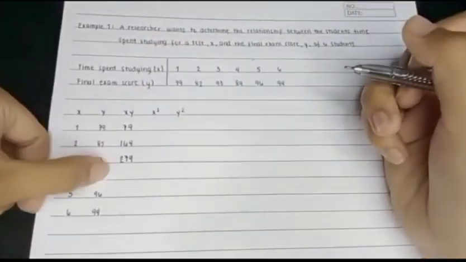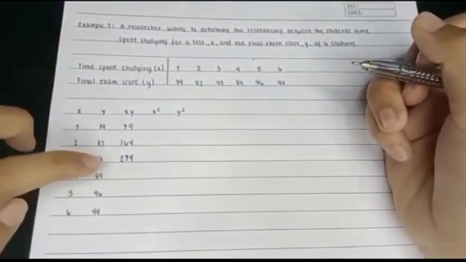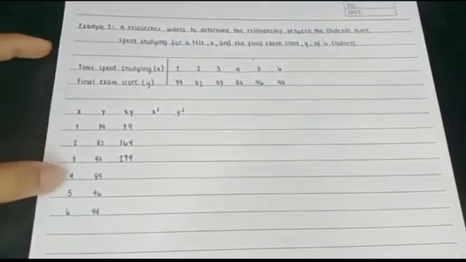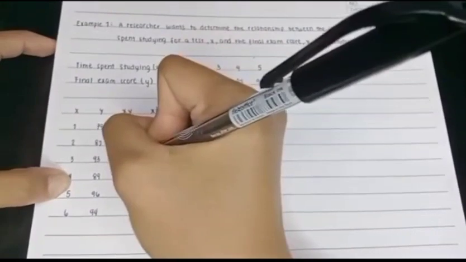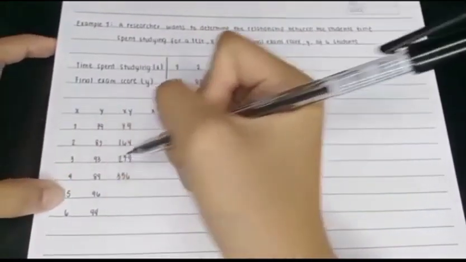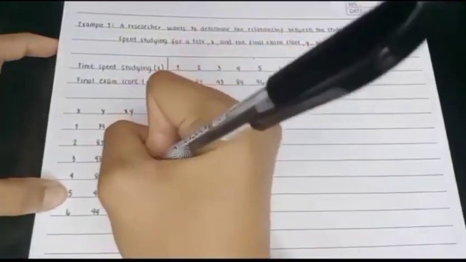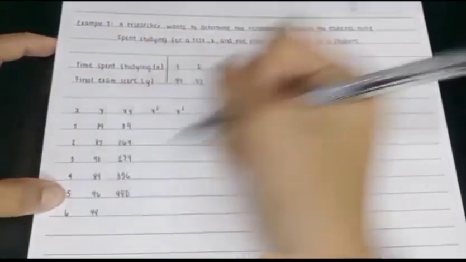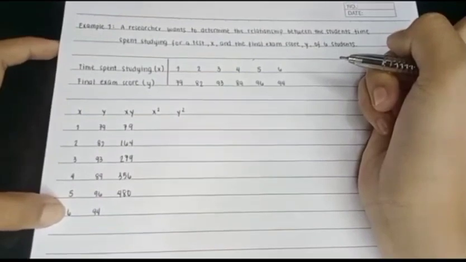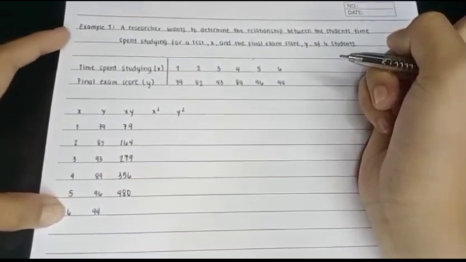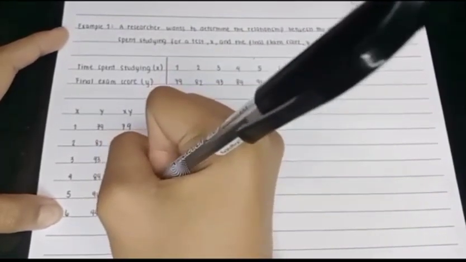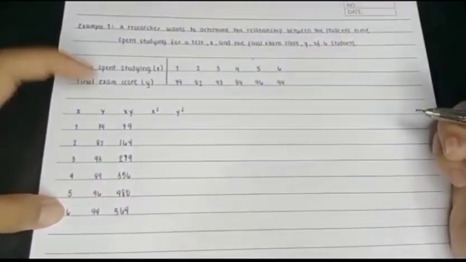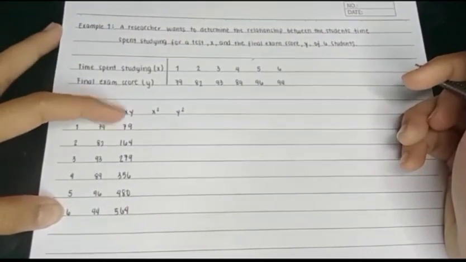Then, we do the same for the others. 4 times 89 is equal to 356. 5 times 96 is equal to 480. And last is 6 times 94 is equal to 564. So, yan. We're done getting the value of xy.